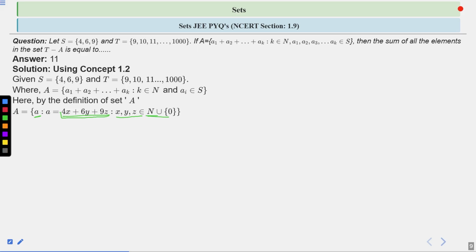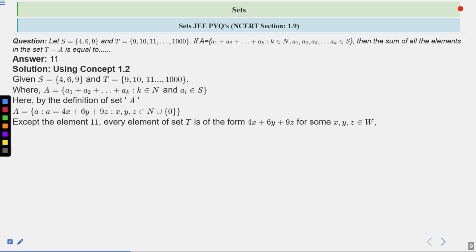This represents the same thing represented by the sum A1 plus A2 till AK. That is, you are adding all the elements from set S as many times as you want. Clear? So you are just adding.